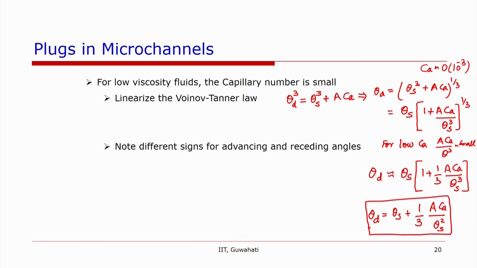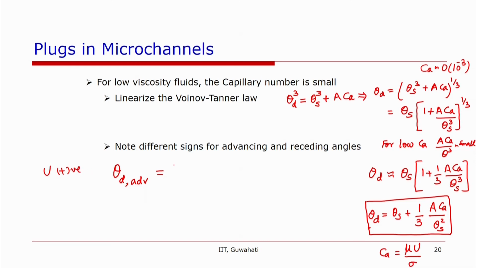Now one needs to take into account the sign of the velocity, and as we know, Ca is equal to mu u over sigma. So for the advancing contact angle, one will have theta d for the advancing case, and u is positive.